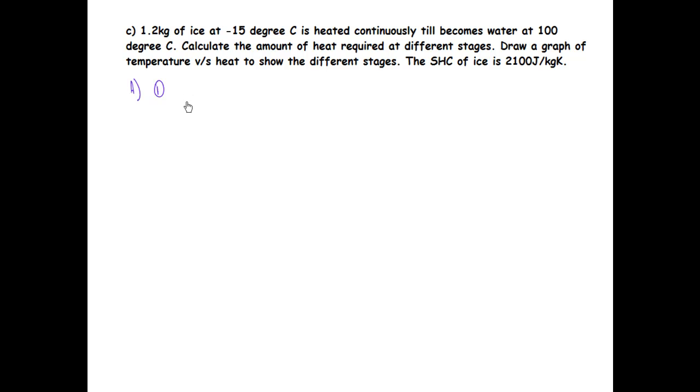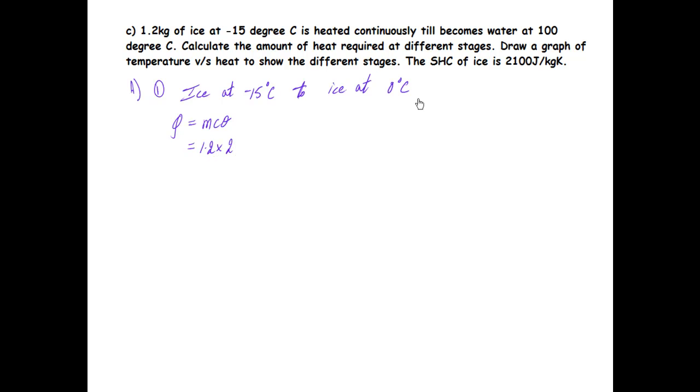So let's take up the first stage, which is heating of ice at minus 15 degrees Celsius to ice at 0 degrees Celsius. The heat absorbed can be written as mc theta. Mass of the ice is 1.2 kg.